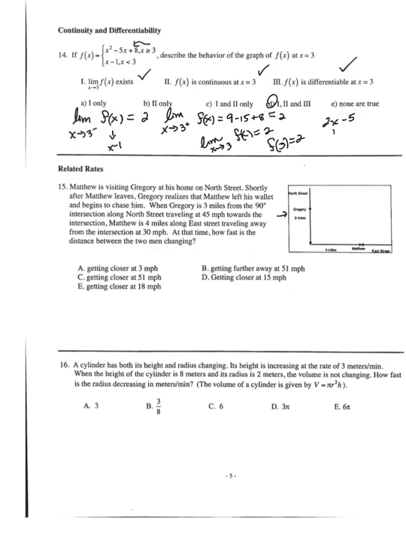This is related rates. So when he's 3 miles from the 90-degree intersection along North Street, traveling at 45 miles per hour towards the intersection. By the way, that's negative because he's traveling downward, okay?